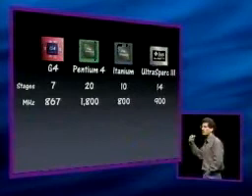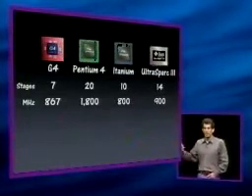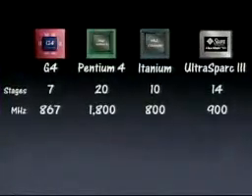So let's go back and compare our four processors again. We have the Pentium 4 running at 1.8 gigahertz with those 20 pipeline stages. It's interesting to look at the Itanium because, again, Intel's next generation processor, they chose to go with 10 pipeline stages. Note that it runs at 800 megahertz. And we see the UltraSPARC 3 has 14 pipeline stages and runs at 900 megahertz.